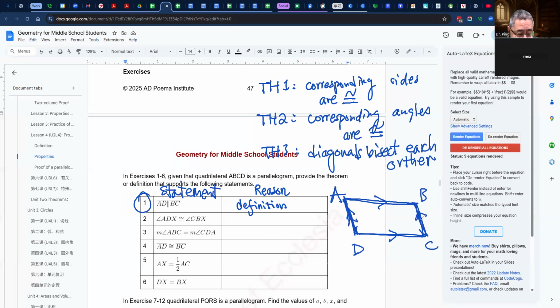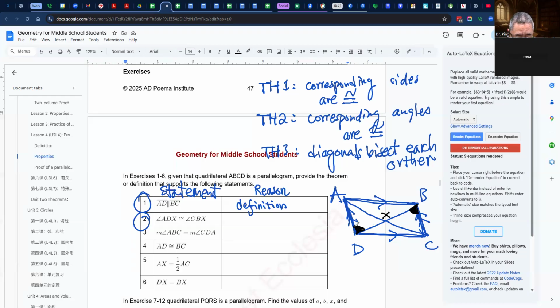Okay, now we're looking at the second one. Angle ADX. I forgot this one, this should be X here. We've got X here. ADX will be this angle. Angle ADX is equal to CBX. So we're talking about these two angles, they are congruent.